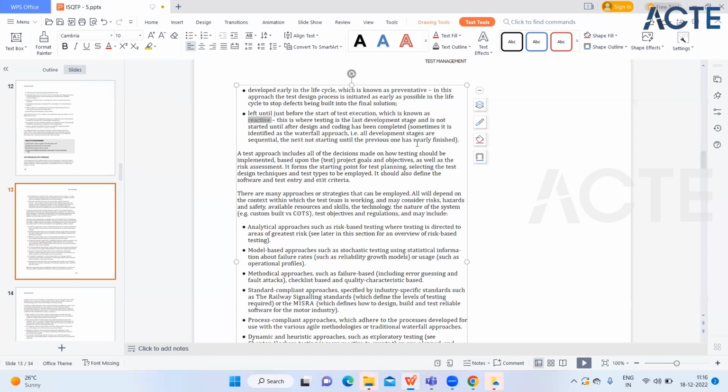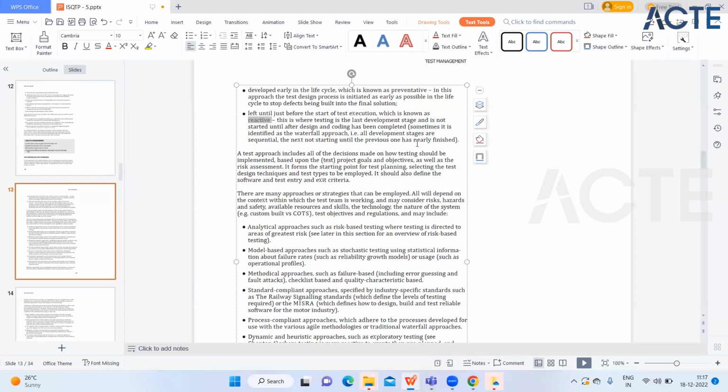So we can say we have different models. For example, we have learned the V model, then the waterfall model, then the iterative model. So we have to check the situation and accordingly decide what approach should be followed.